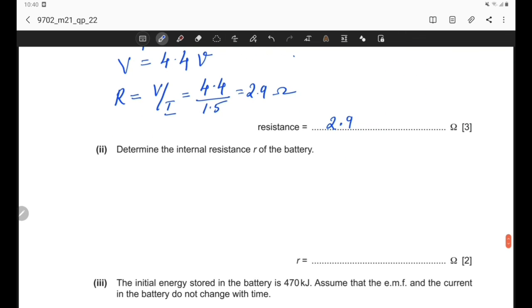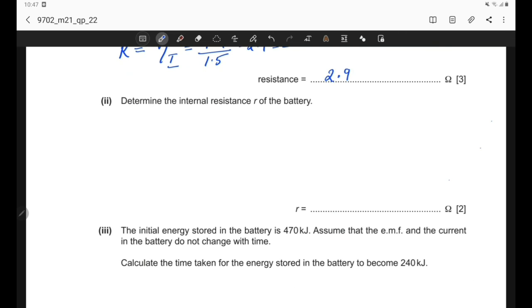Part 2. Determine the internal resistance R of the battery. Here we can use the equation: EMF of the cell is equal to terminal voltage plus lost volt. So we can find out what is the terminal voltage.